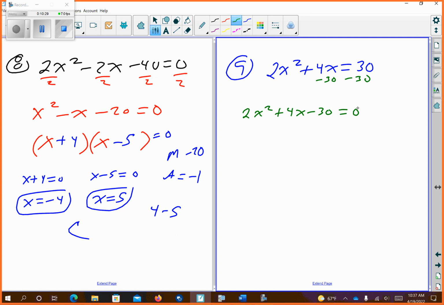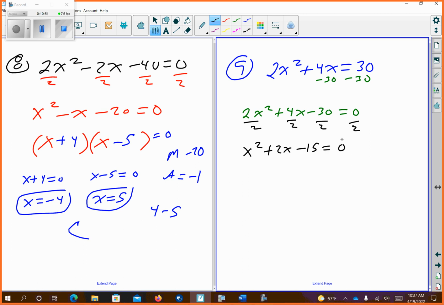Now, what can I do to everything on this one? Divide everything by 2. Good job. Okay, so I'm going to divide everything by 2. So I get x squared plus 2x minus 15 equals 0.